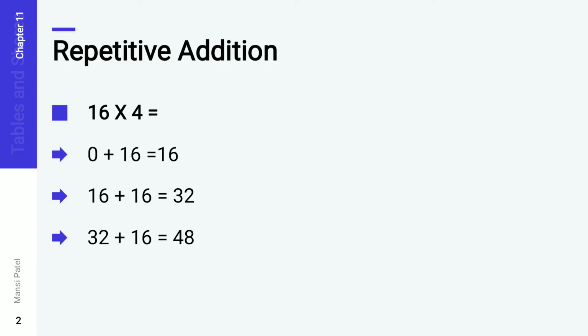Now again you have to add 16 to 48. So 48 plus 16 is equal to 64. Now you can see here we are adding the number 16 four times. So we can say that 16 fours are 64. This way you get your answer.